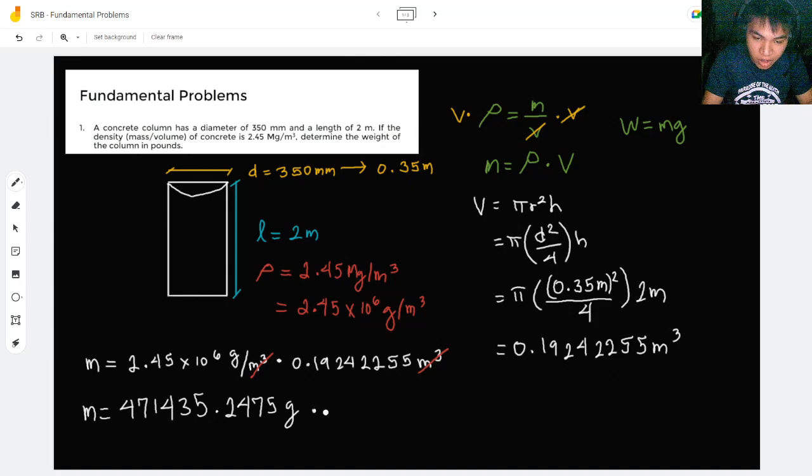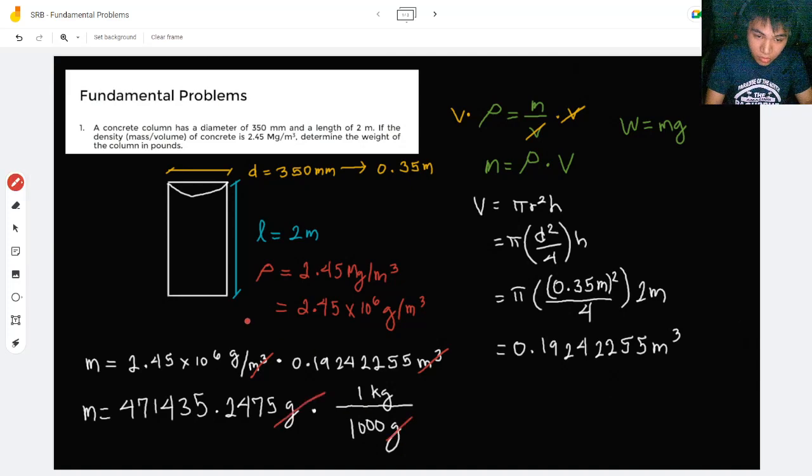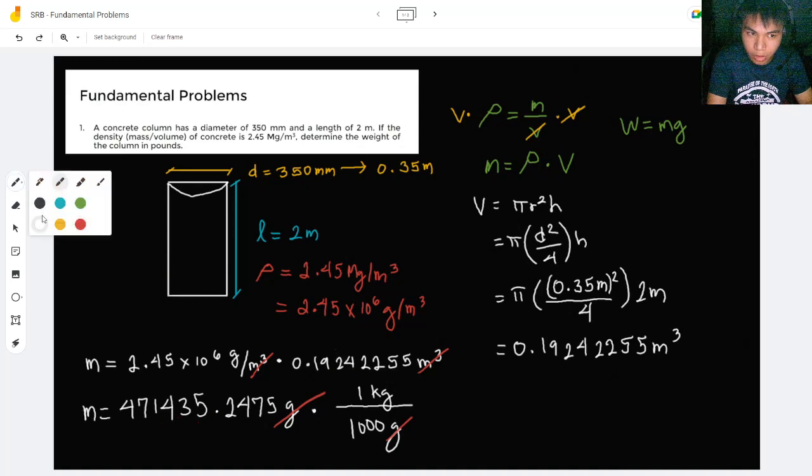So we can multiply this by 1 kilogram, which is basically 1000 grams. Then we can cancel grams, and if you want to, you can just do it like this and you end up with the same answer, but we're showing the complete solution for this one.